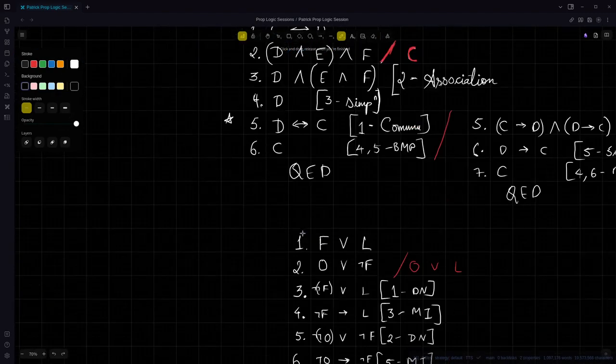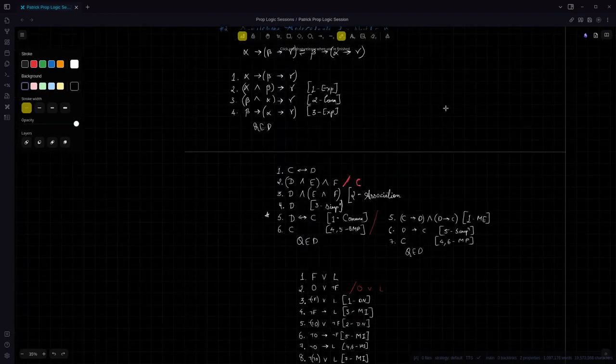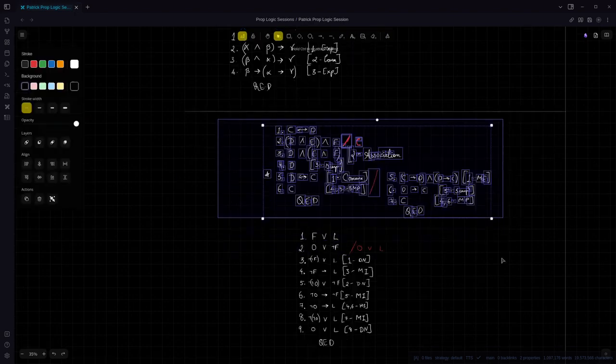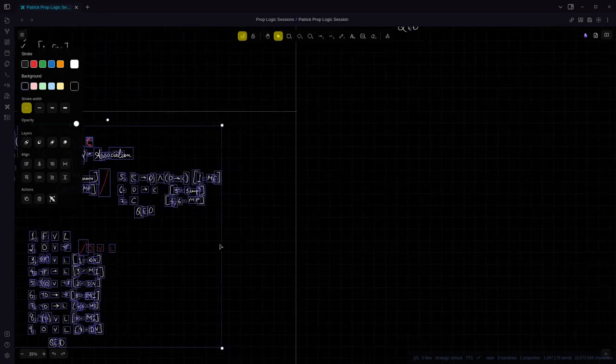Let me just move this stuff to the other side so that we can use this part for the rules and that part for the practice.